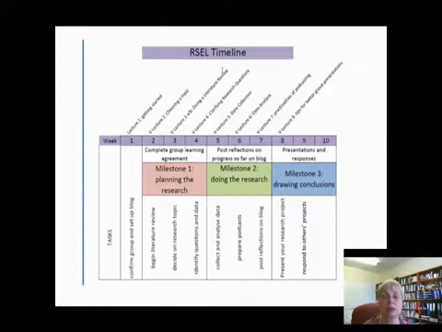This represents the way we've divided this up. So it's not week by week, every week there's a lecture, every week there's a seminar, or even every other week. You choose how to use your time so that by the end of week 4 you have reached the first milestone. By the end of week 7 you've reached the second, and by the end of week 10 you're ready to present your project in week 11.